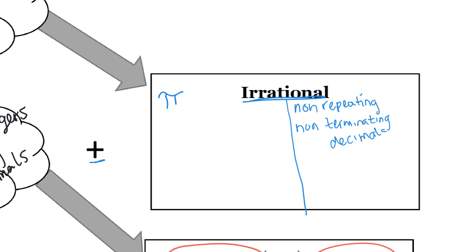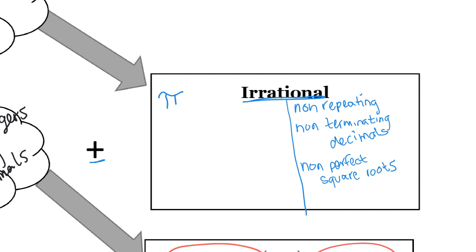So ones that don't repeat and ones that never end. They're also non-perfect square roots. And we'll get into what that means in a second after I talk about repeating and terminating decimals.